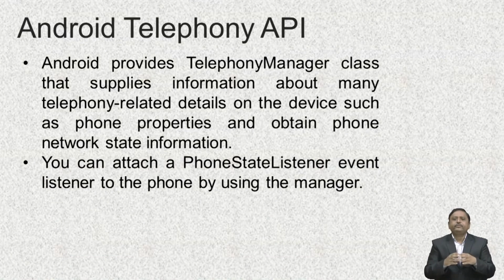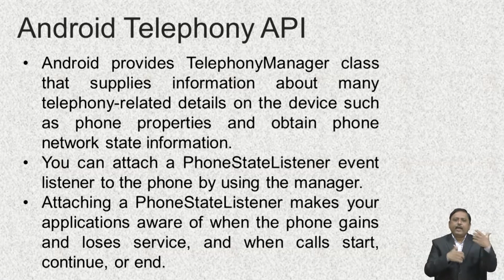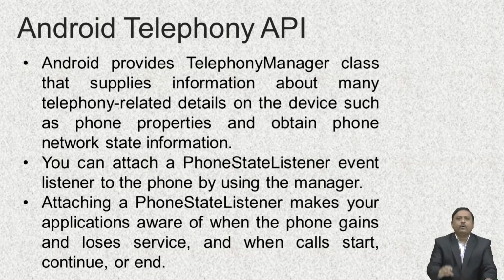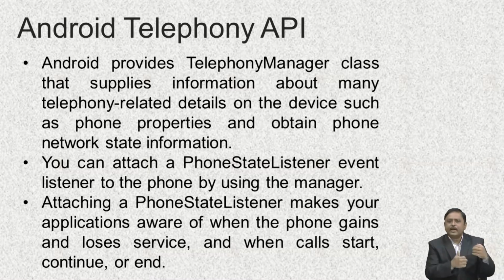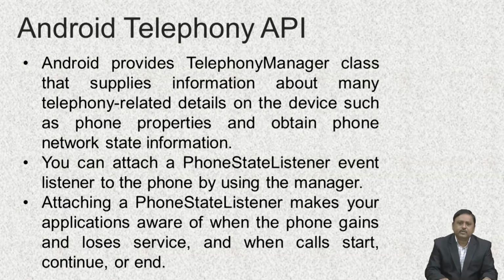You can attach a phone state listener to listen to the phone by using the manager, and attaching a phone state listener makes your application aware of when the phone gains and loses service and when a call starts, continues or ends. So if you want to perform some action based on a call starting, ending or in between, then you have to listen to these events using the phone state listener.